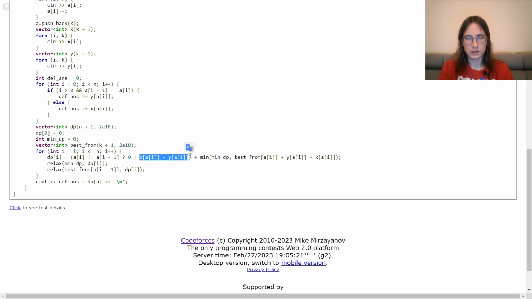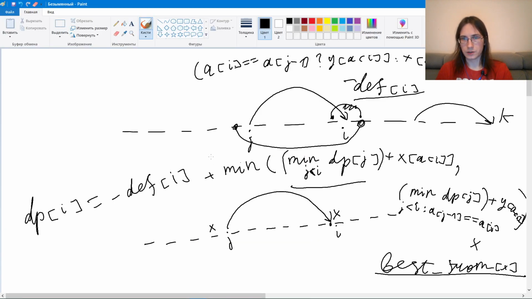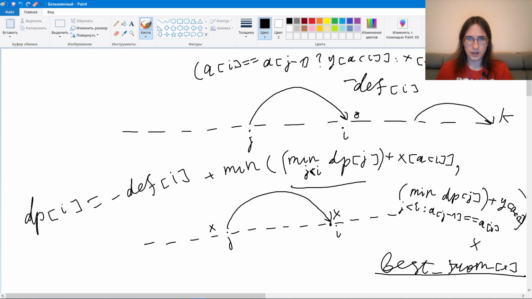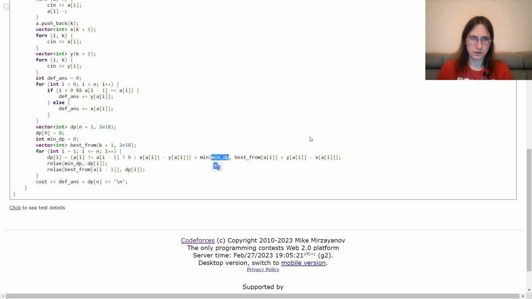So I kind of start paying the full price for this element, but then I either just make the best possible jump without claiming that this jump will be good. Yeah, we call a jump good if those two values are the same. So if we do not claim that the jump will be good, then we just pay the full price for this and just see what's the best way, where can we jump from the best way possible.